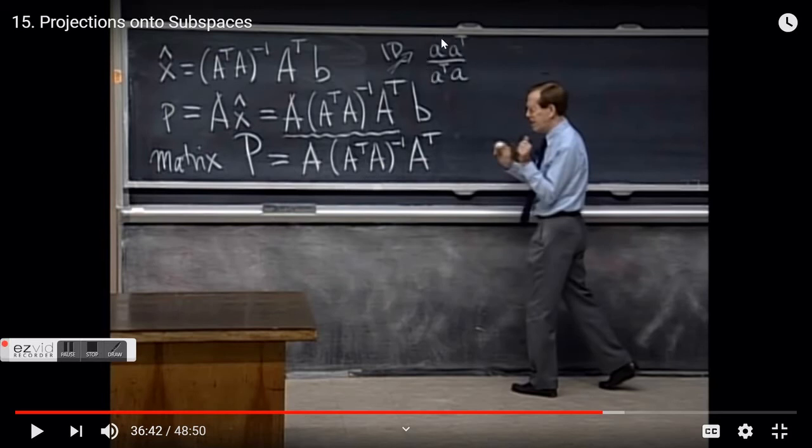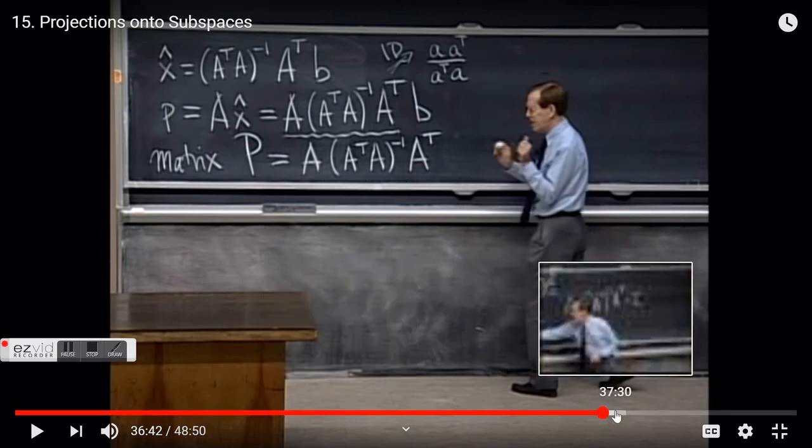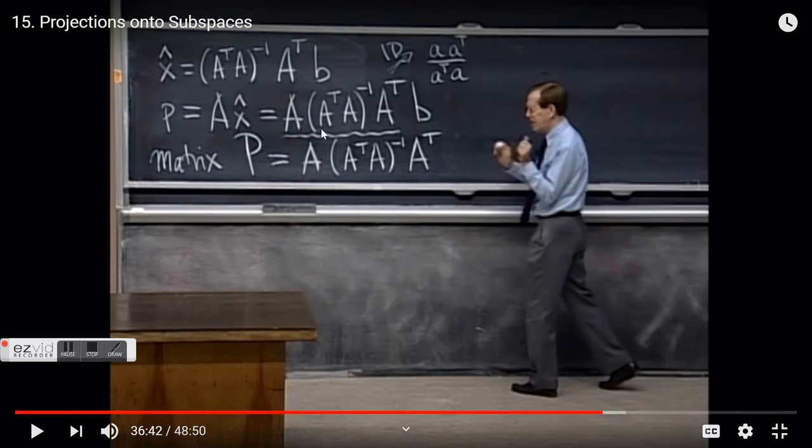So your matrix P is A times the inverse of A transpose A times A transpose, and this is your projection matrix for a situation where your column space has more than one vector. If your column space basis is more than one, then this equation will help you. So it's a more generalized equation.